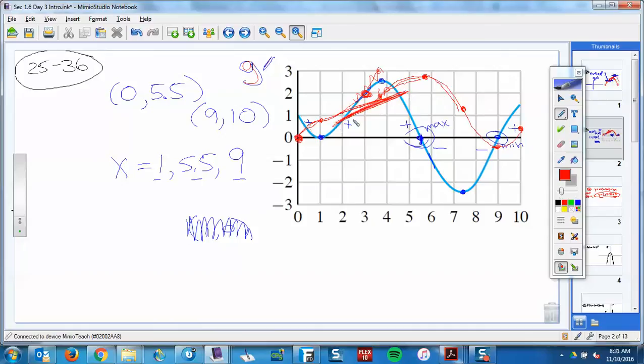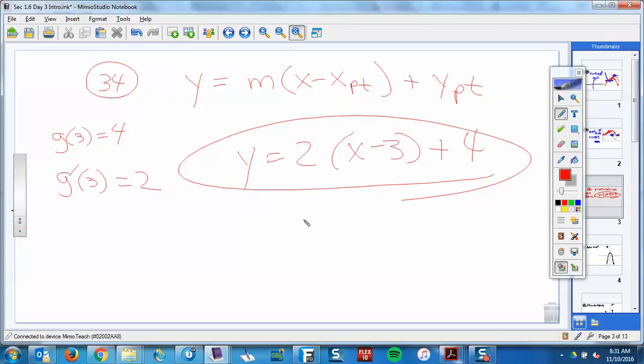My red is my g graph right there. So that would be the tangent line. I want the equation of that line. Well, it's got a slope of 2, because I know that's what that tells me. And obviously my graph's wrong, because it's not at the point 3, 4, is it? It's supposed to be at the point 3, 4. It's at 3 something else. Okay, but anyway, that's the equation of that line.